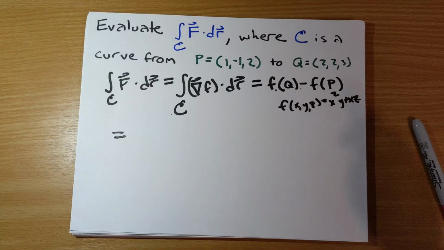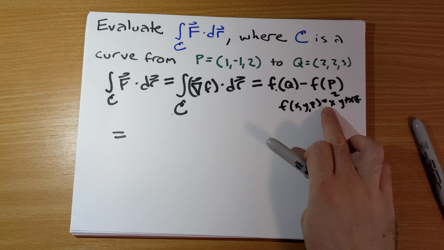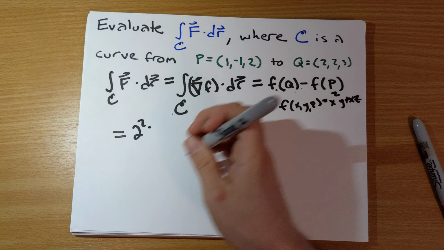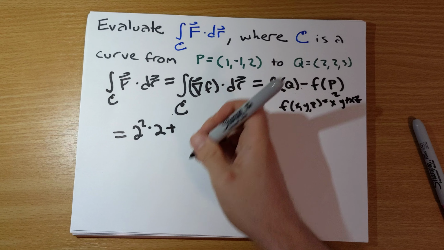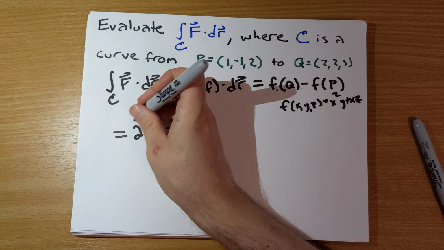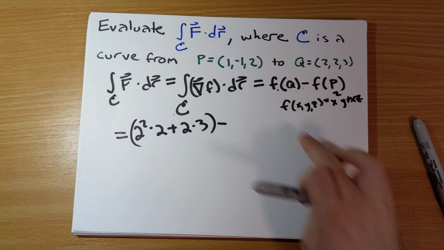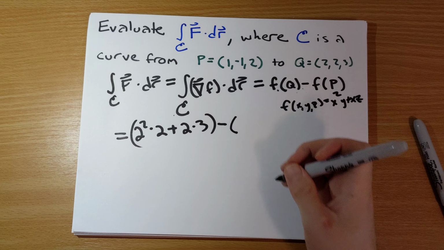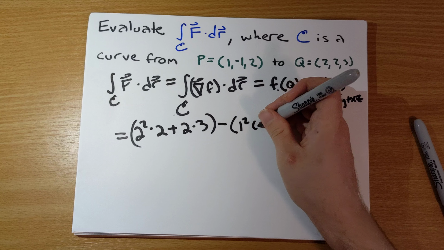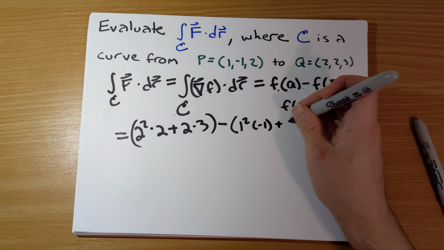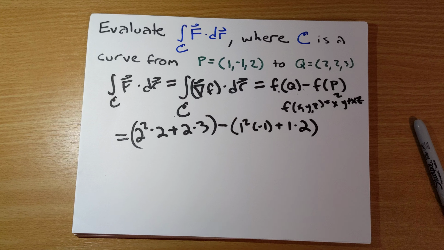So f of Q is 2 squared times 2 plus 2 times 3, minus f of P, which we get by plugging in (1, -1, 2): 1 squared times -1 plus 1 times 2. And that's all there is to this.